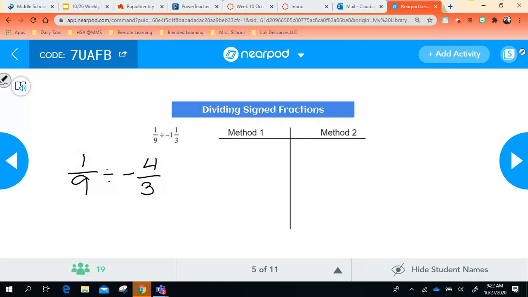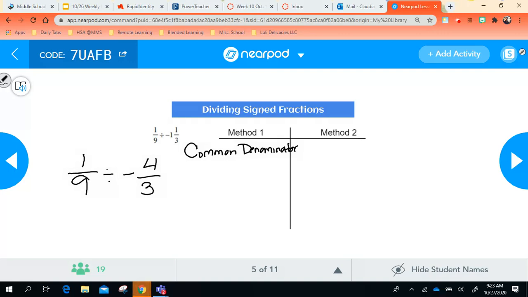So first method. My first method is where we do common denominator. And I apologize if I'm covering it and you can't see. I'm trying my best to make sure everybody can see it.